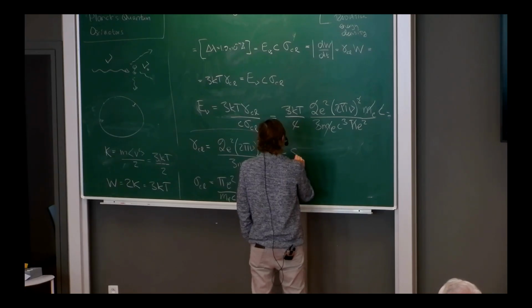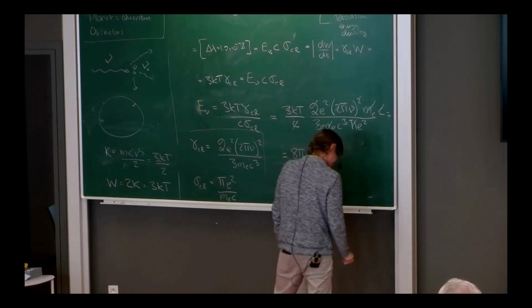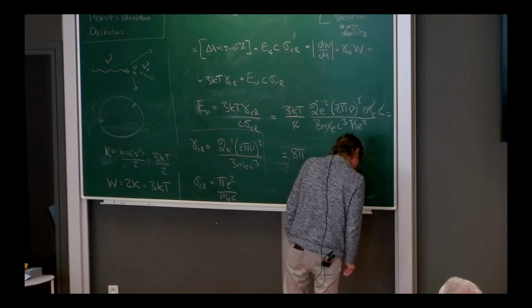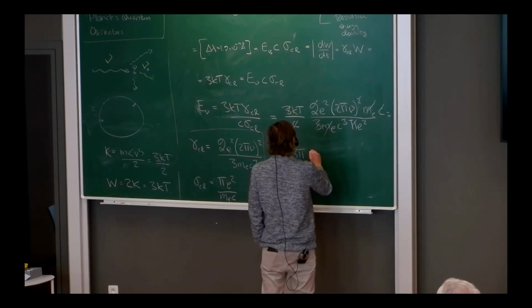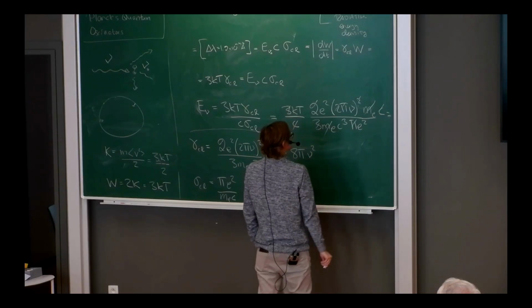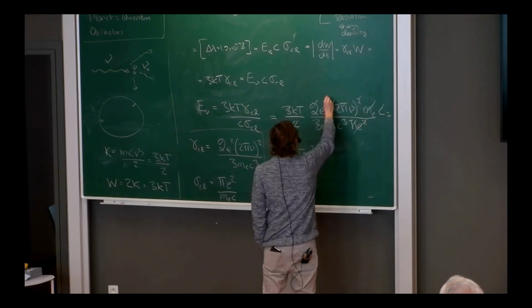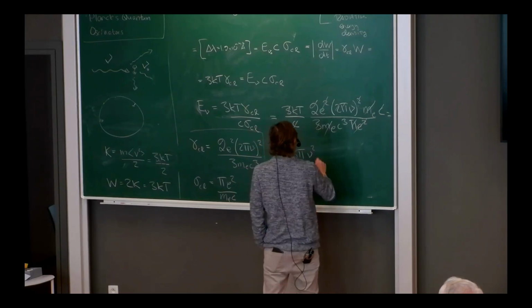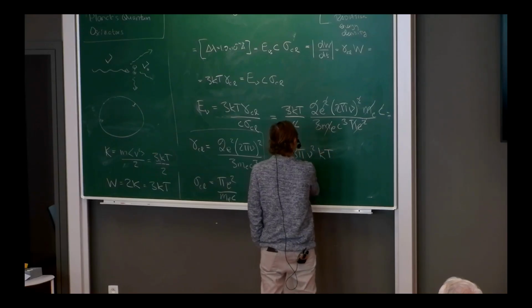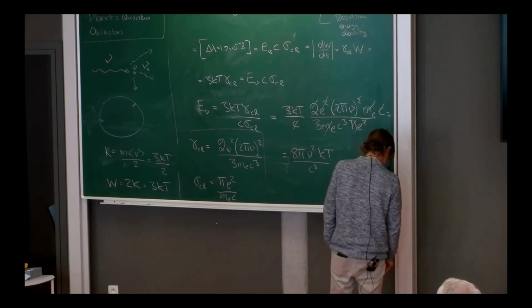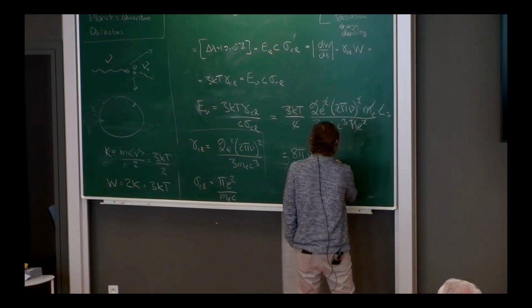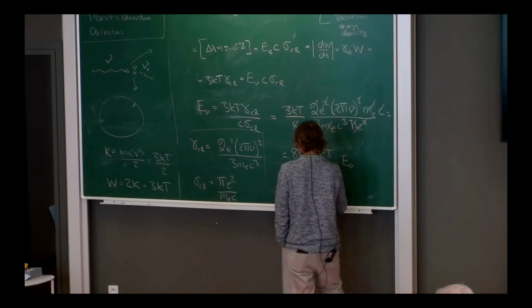We have something like 8 pi nu squared. How many e's? e squared, e squared. We have a kT, we have a c cubed left. And this is E nu.